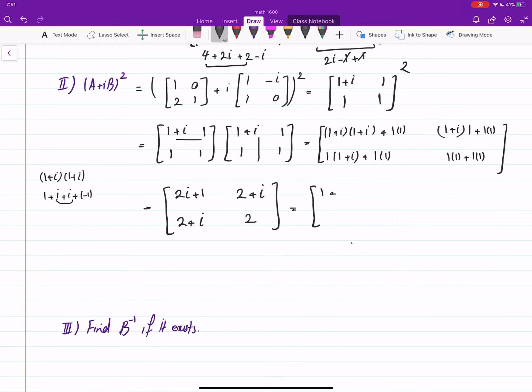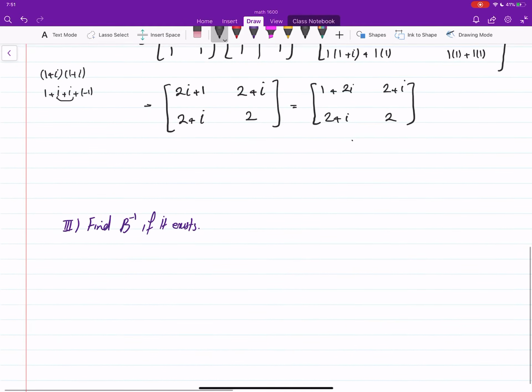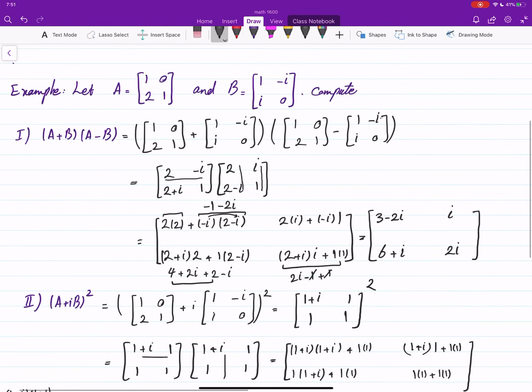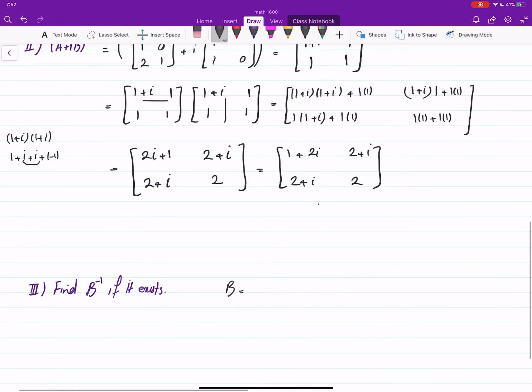So let me just write this one in standard form. And then we have what we have. How about B inverse? Well, B is what matrix? This is 1, negative I, I, 0. You can either do the Gauss-Jordan elimination method, B I, and then row reduce it.